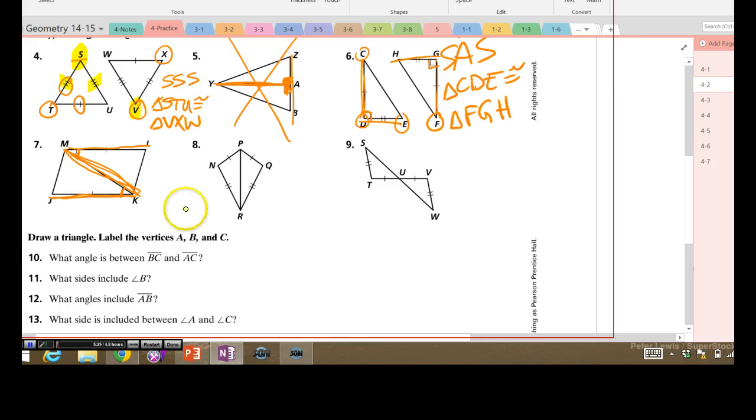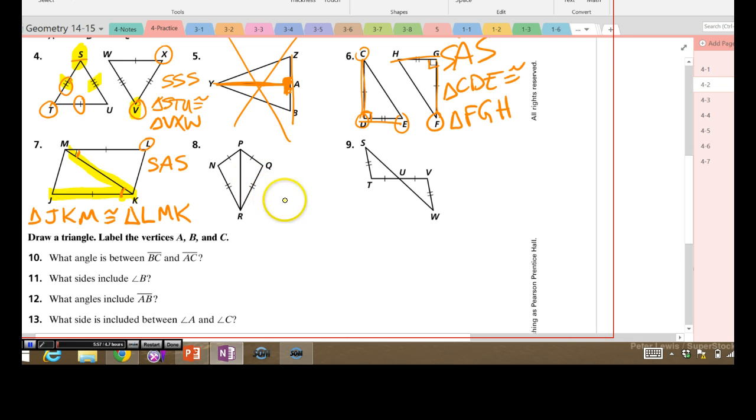So here I actually do have SAS, because of side, angle, side. So the congruence statement would be triangle JKM congruent to triangle LMK. Ask me if that doesn't make sense.